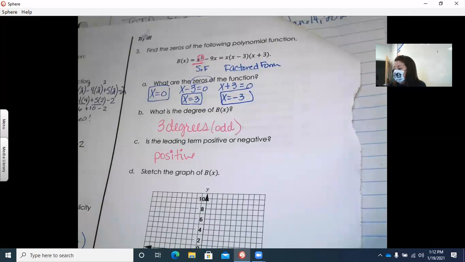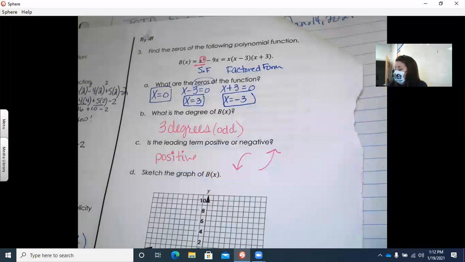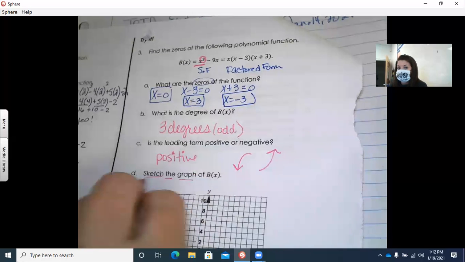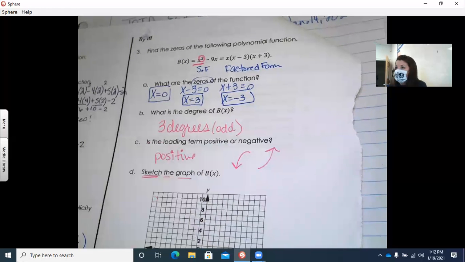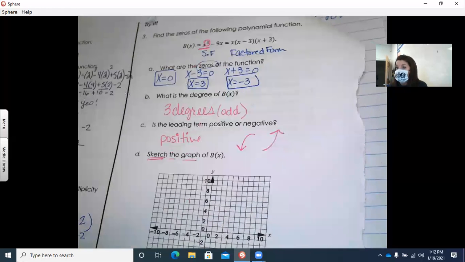Opposite. So it's positive, it's going to be up, down, or down, up? Down, up. So we know the left side's going to point down, the right side's going to point up. Having that knowledge is going to help us sketch the graph. It's just a sketch. So it's not all going to be perfect, but we know a few things for sure, and we need to make sure we get those things right, okay?